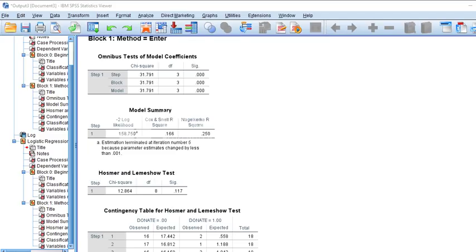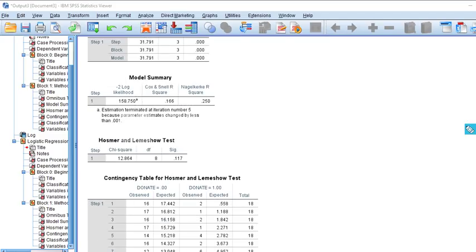You'll notice too, under model summary, these are various pseudo R-square values. These are a little trickier to interpret because of the pseudo nature of them. They aren't computed in the same way that we compute R-square in the context of least squares regression.